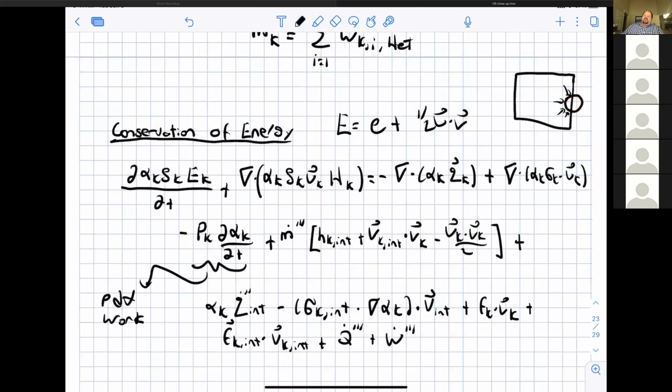So whether the volume fraction is changing just due to particles entering and leaving the control volume or phase change, there is PDV work that is associated with that.